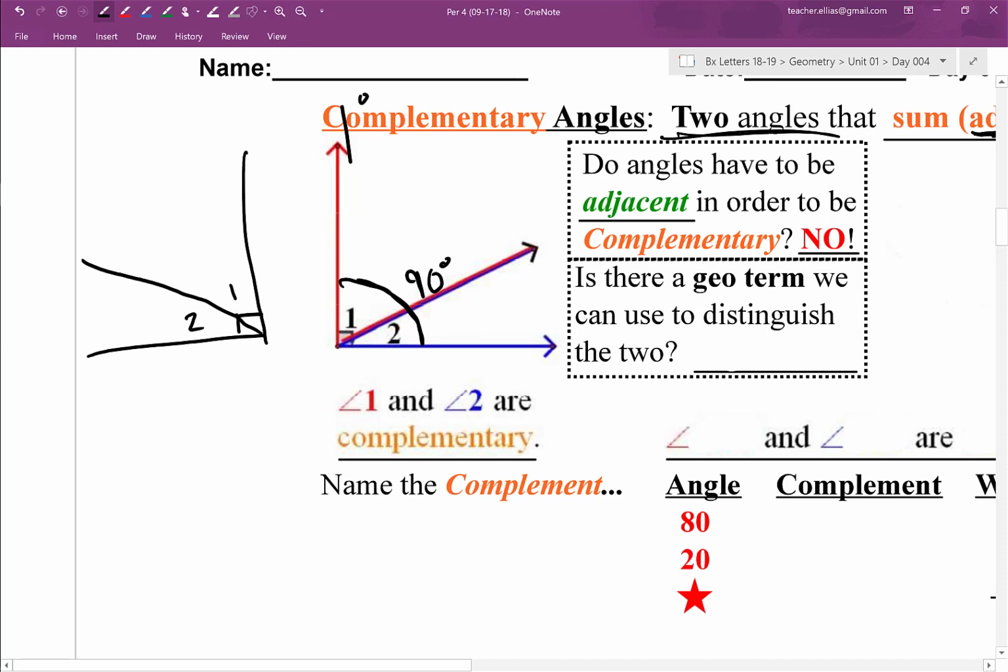Those are complementary. You could do angle 2 at the top and angle 1 at the bottom. It doesn't mean anything, because they're both out of the 90 no matter what. So they're still complementary. It could be all the way to 80 and the other way to 10.